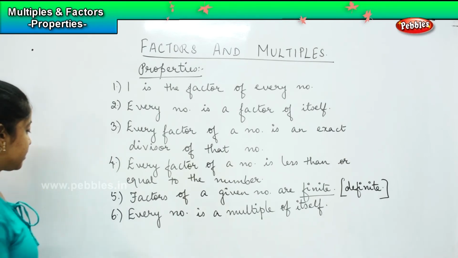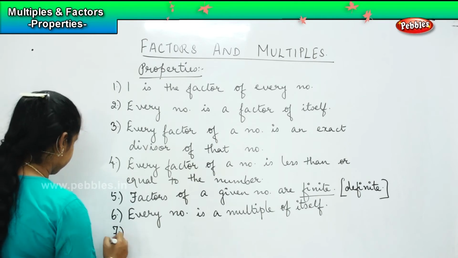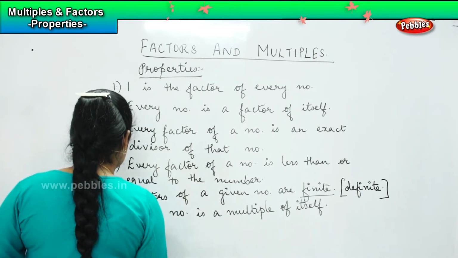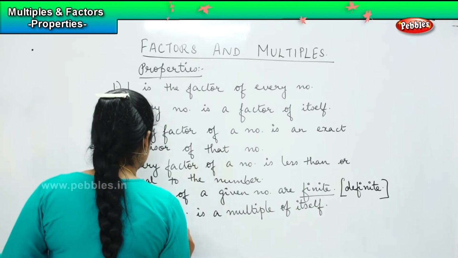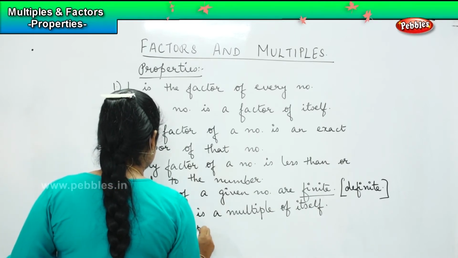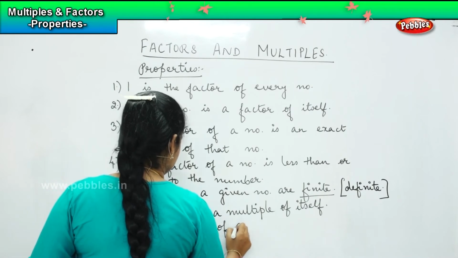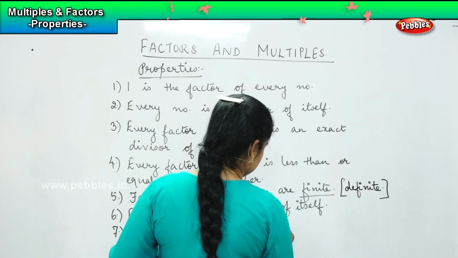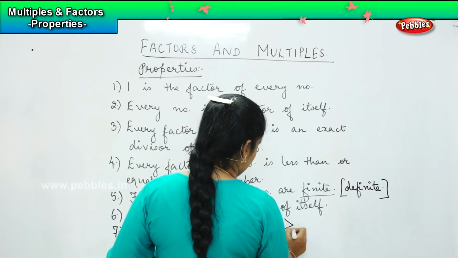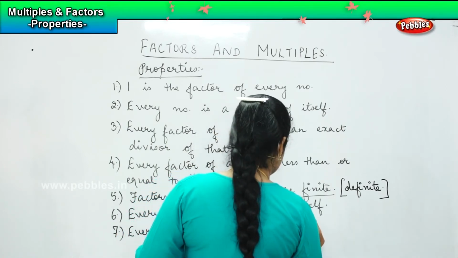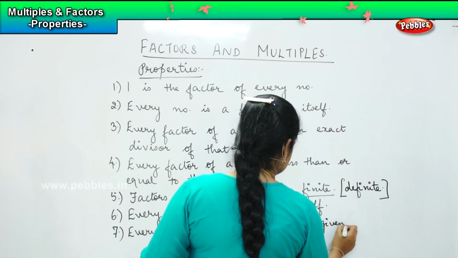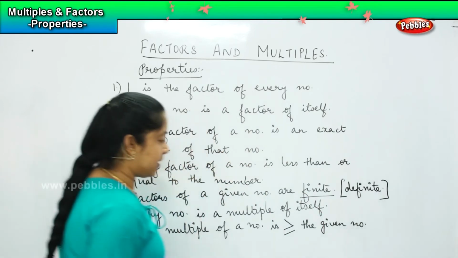Okay, the next property is every multiple of a number is greater than or equal to that number. So what do you mean by that?